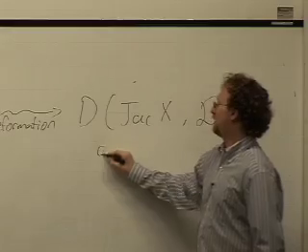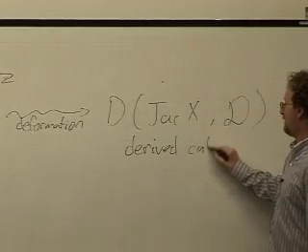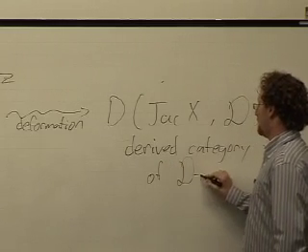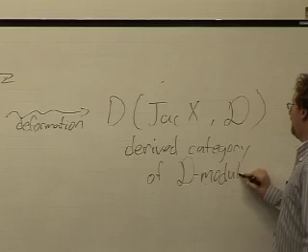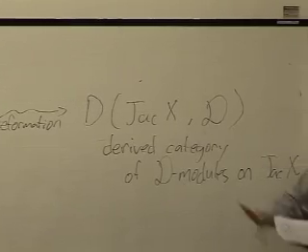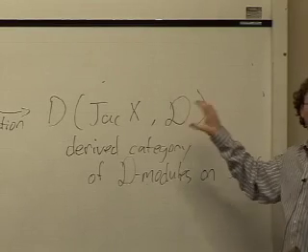So this is actually maybe the main star of the week. This is the derived category of D modules on the Jacobian of X. Again, as I discussed yesterday, the D module we think of as some kind of function space.